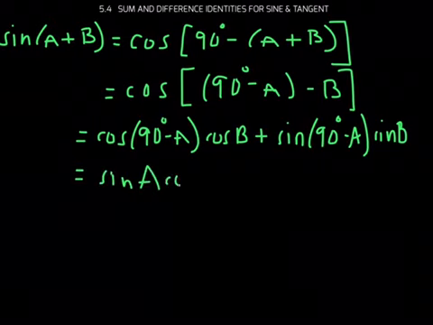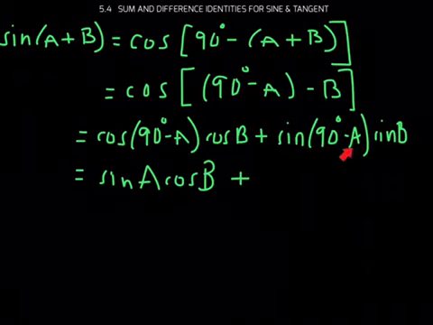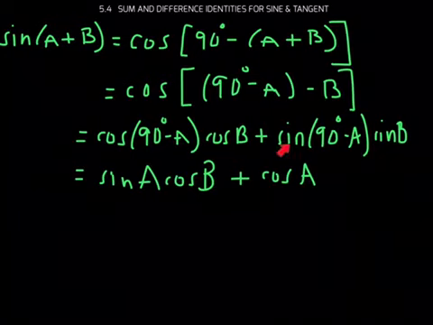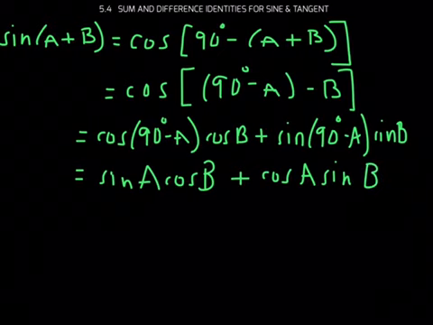This is cosine of b, plus, now here, this is the same thing as cosine of a by a cofunction identity. Just to make sure you're clear, sine and cosine are cofunctions, and these two arguments are complements of each other. And then bring down sine of b.